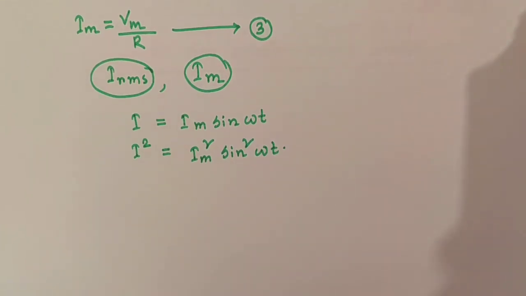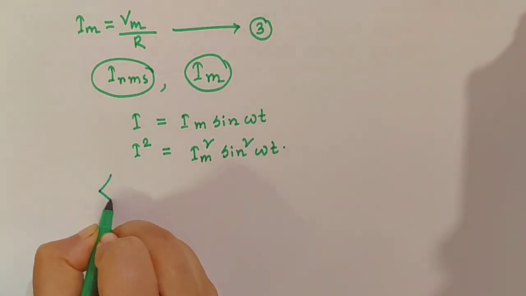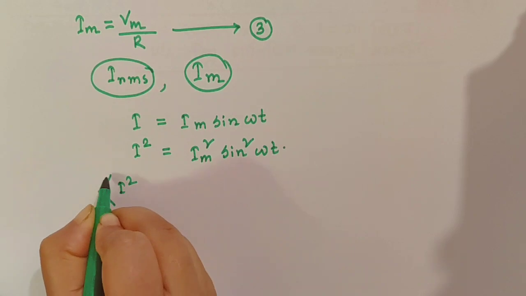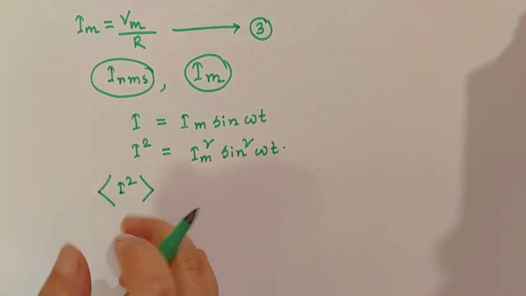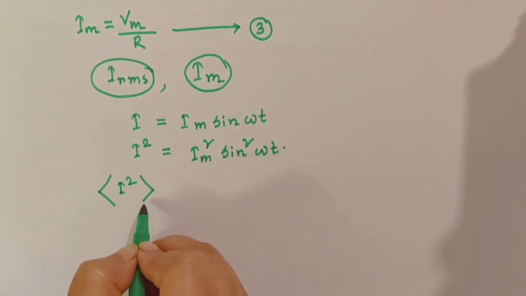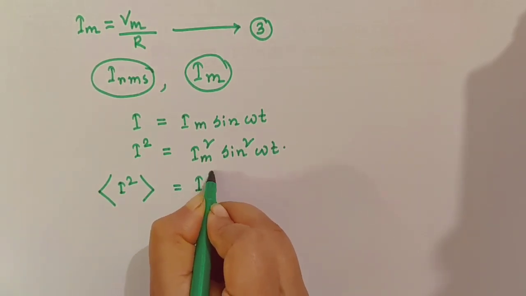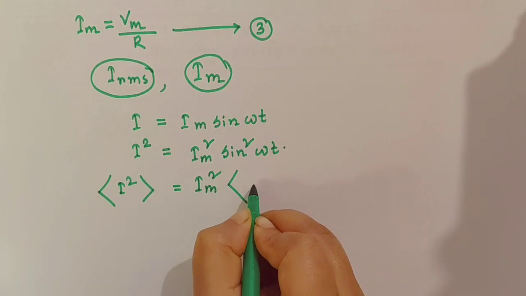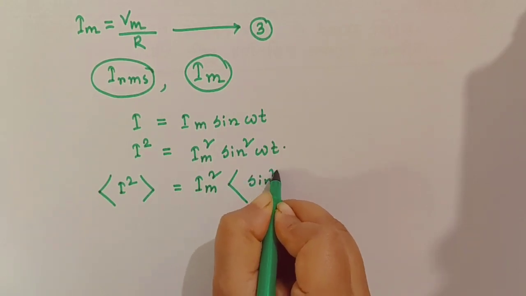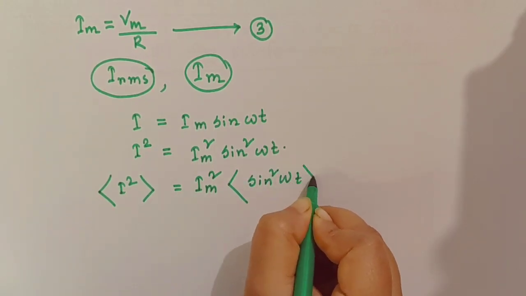Now the average value of I square is related to the average value of sin square omega t, so the average value of I square is equal to Im square times the average value of sin square omega t.